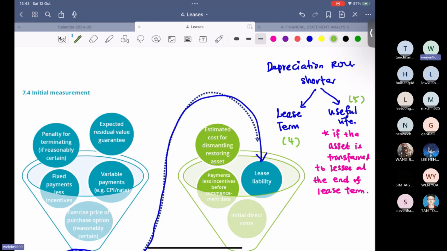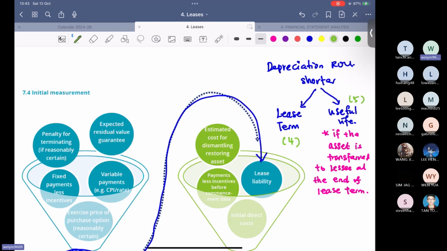But if my contract says that at the end of the lease that asset belongs to me, so it is transferred to me, therefore when I go for my depreciation, I will choose 5 instead of 4. Okay. So that's the thing that you need to know.